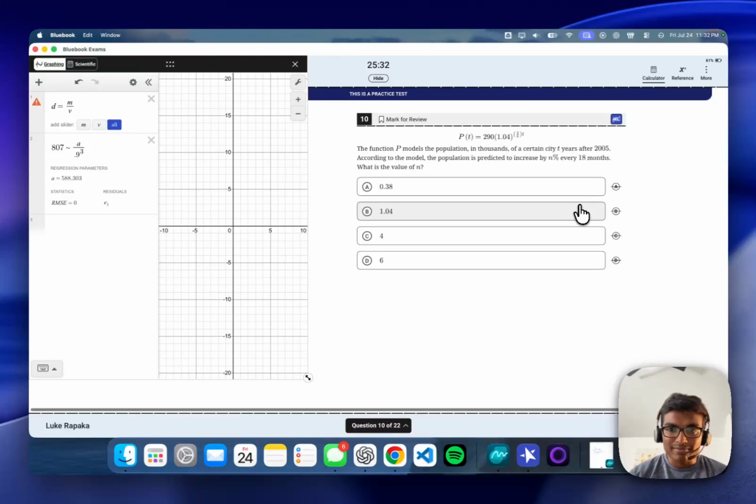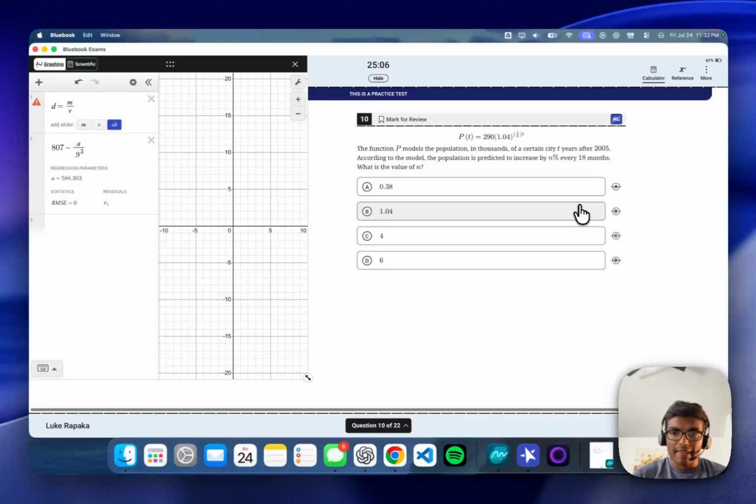The function P, n% every 18 months. Okay, so every 18 months, it's going to increase.